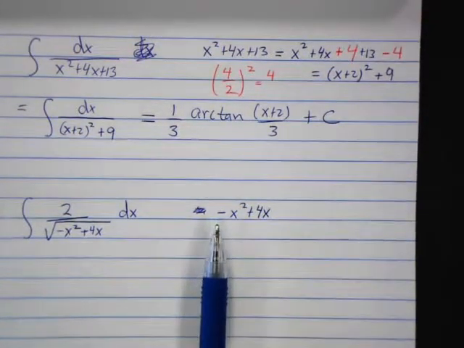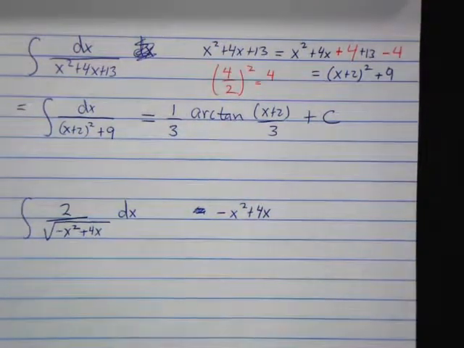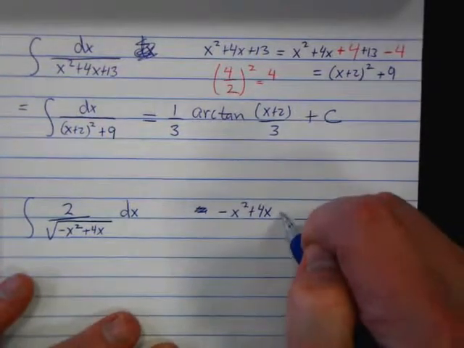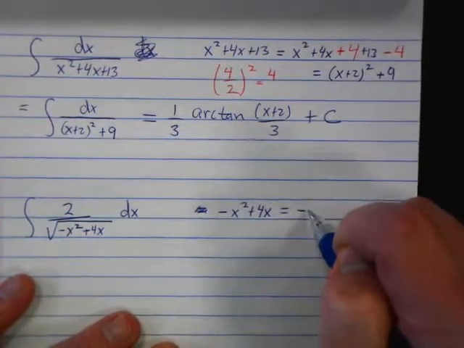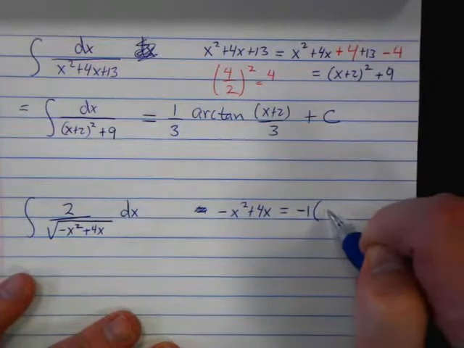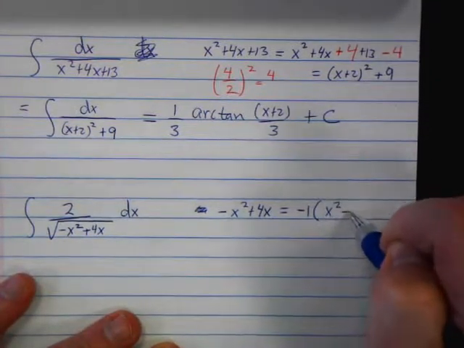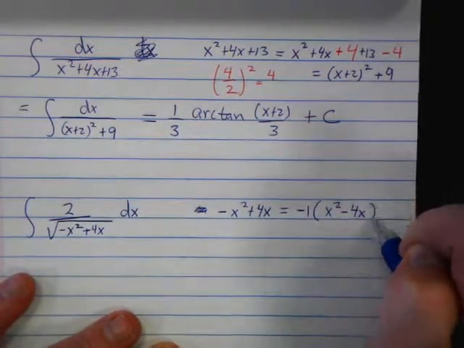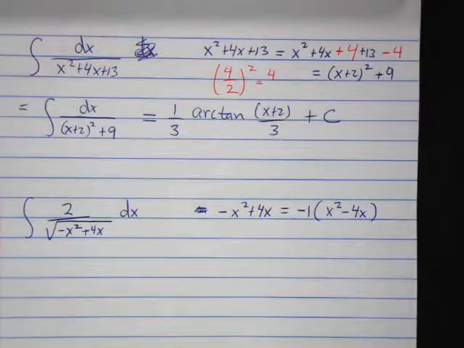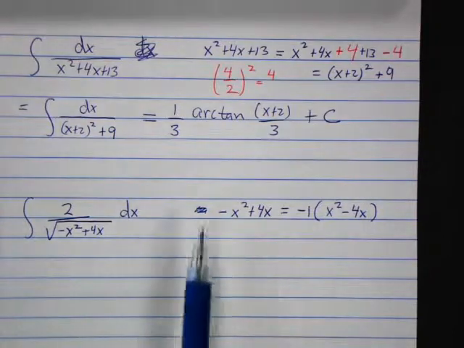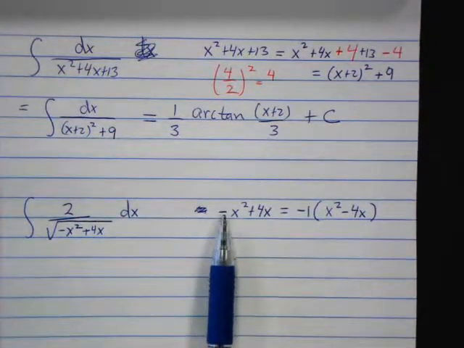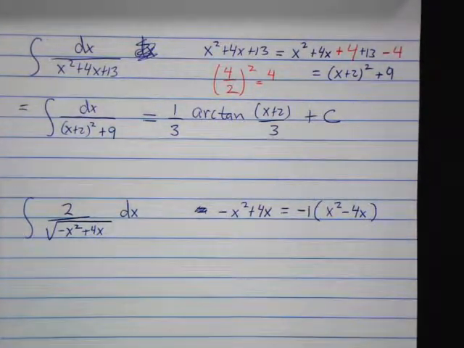It's not the number 1, it's the number -1. So we have to write this polynomial as -1 times x squared minus 4x. You've got to factor that -1 out. Or if it were any other number, before you could complete the square, you've got to factor that number out.